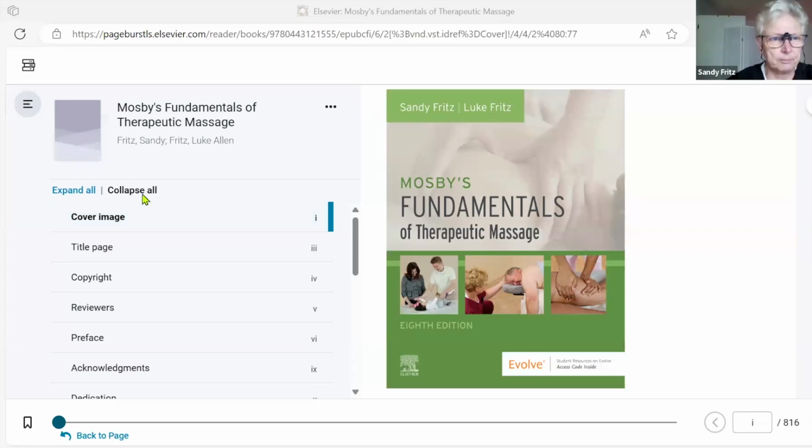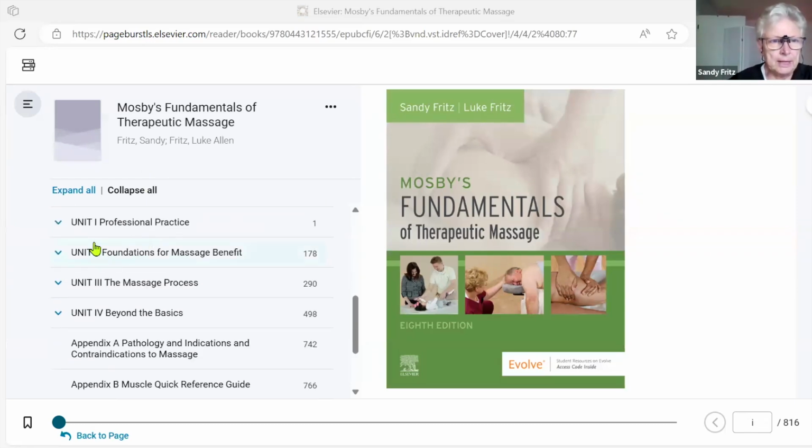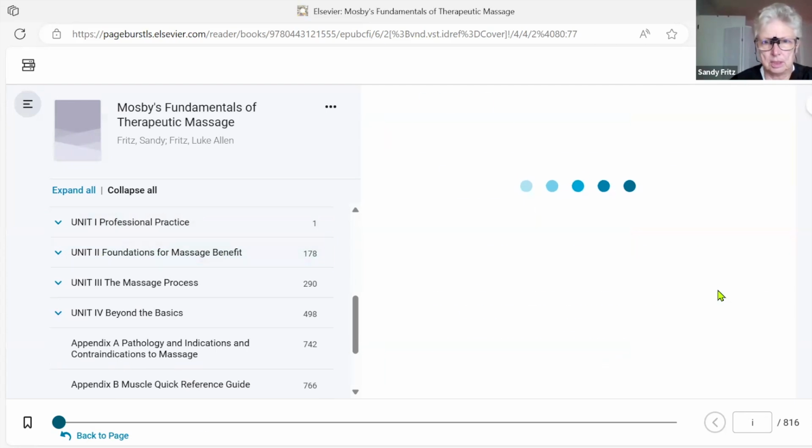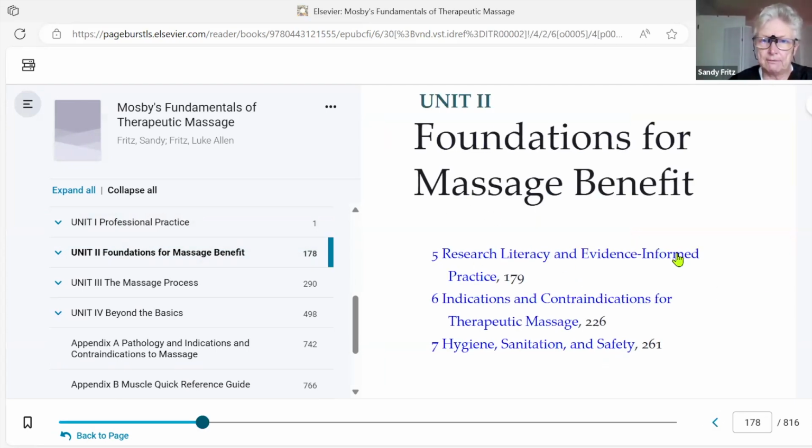All right, so we have done Unit 1. So there were 4 chapters there. And now we're getting ready to do Unit 2. So with Unit 2 now, we have 3 chapters.